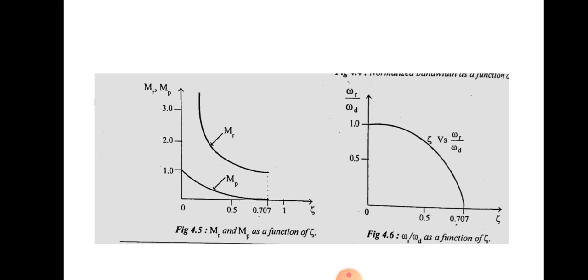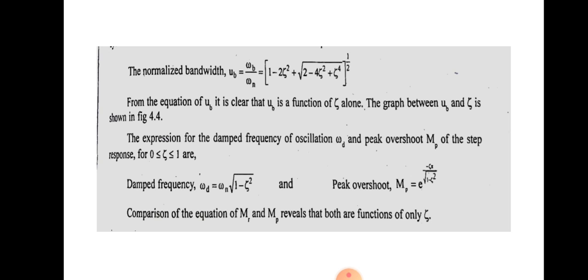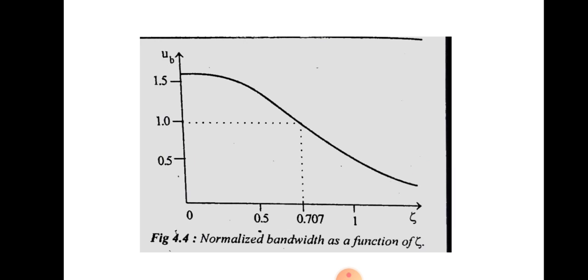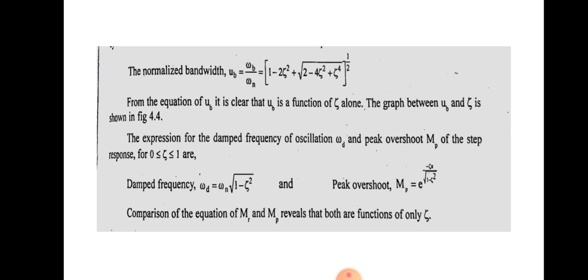When we substitute epsilon equal to 0, we get M_P equal to 1, so the maximum value of M_P occurs at 1. We have marked a point here. Similarly, for different values of epsilon we get different values of M_P, and we can plot a graph between epsilon and M_P.